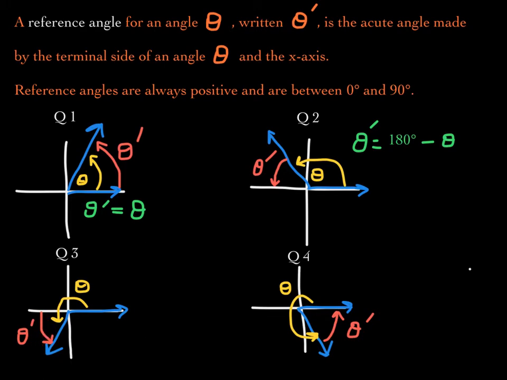So theta prime is equal to theta minus 180 degrees. Finally, if your angle is in quadrant 4, then theta prime can be found by subtracting theta from 360 degrees.